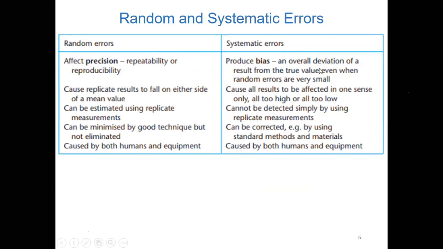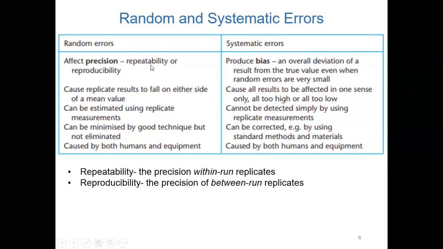Bias means an overall deviation of a result from the true value even when random errors are very small. So even though we got a highly precise measurement, if we still get a deviation from the true value, that's because of the bias, and that's because of the systematic error.